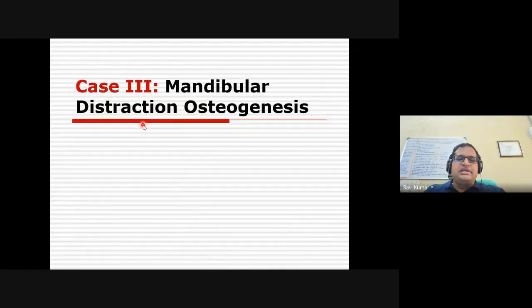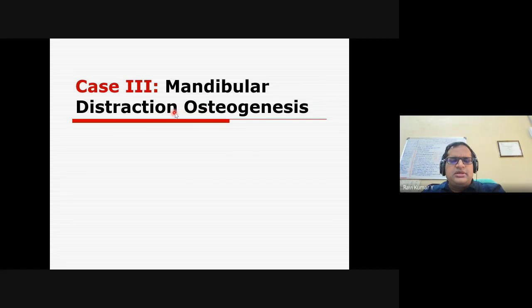So this is the dental case study, and the third case study is mandibular distraction osteogenesis. It is a reconstructive surgery, a bone reconstructive surgery on the lower jaw of the patient, that is, the mandible. There is a device called a distractor to guide the bone growth.